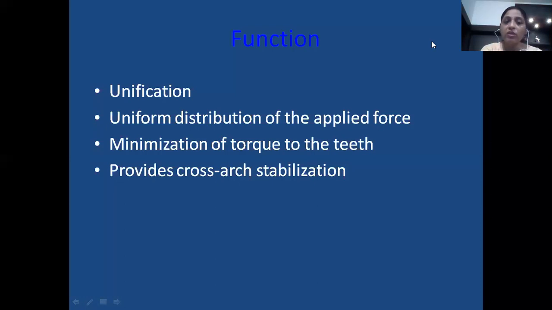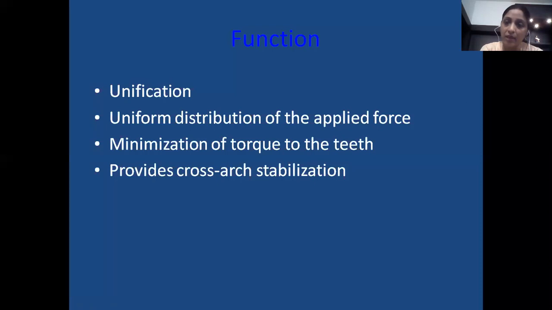Now the other function is uniform distribution of the applied force. Now from where is this force coming? This force is coming due to mastication, due to speaking, due to smiling, due to swallowing. So whatever force is applied to the prosthesis, that should be uniformly distributed throughout the prosthesis.